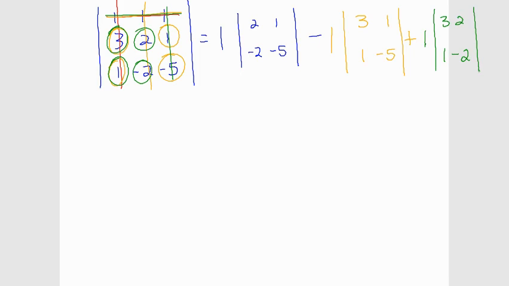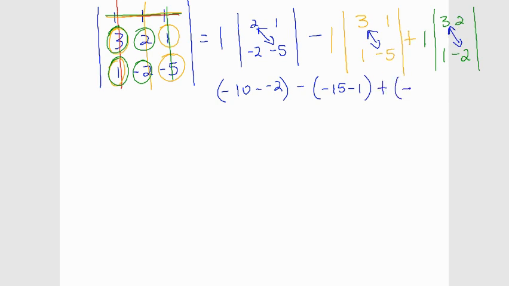Okay, let's go ahead and do these 2 by 2 determinants. We got negative 10 minus a negative 2. And I'm not going to go ahead and write the ones in. Multiplying by 1 is itself, so minus, we got negative 15 minus 1. And then we've got negative 6 minus 2. So let's see what that ends up being. So this is a plus.